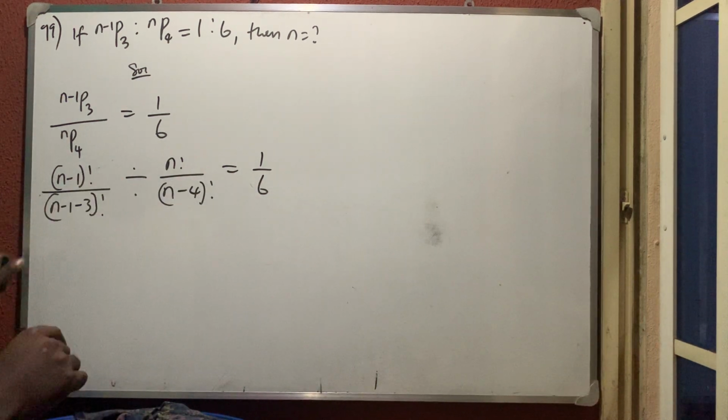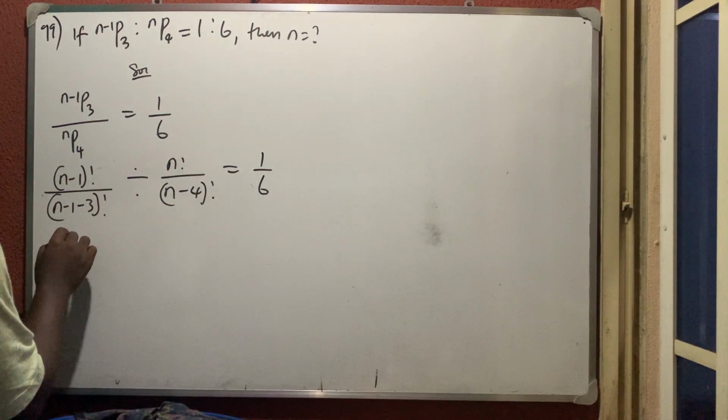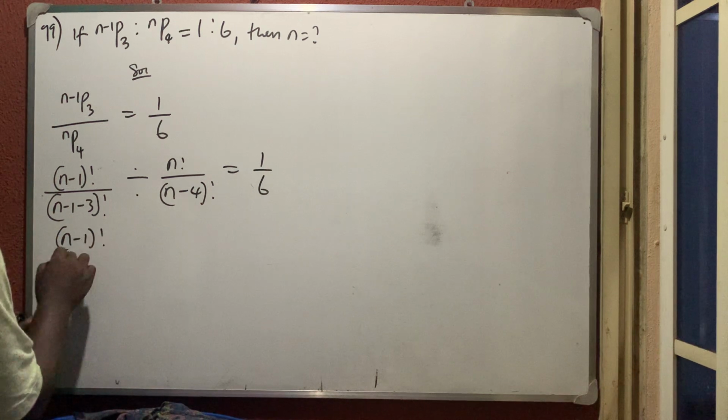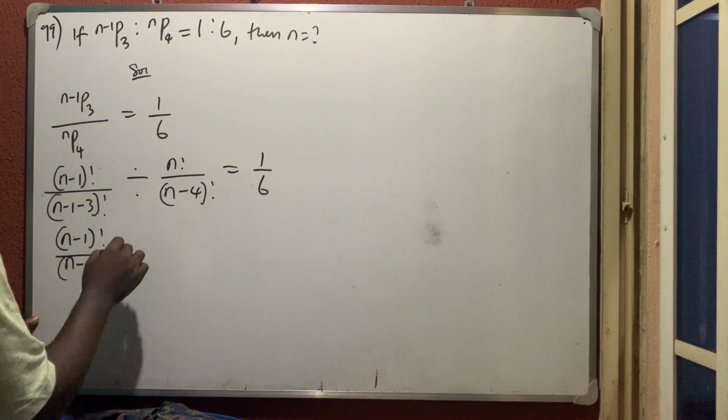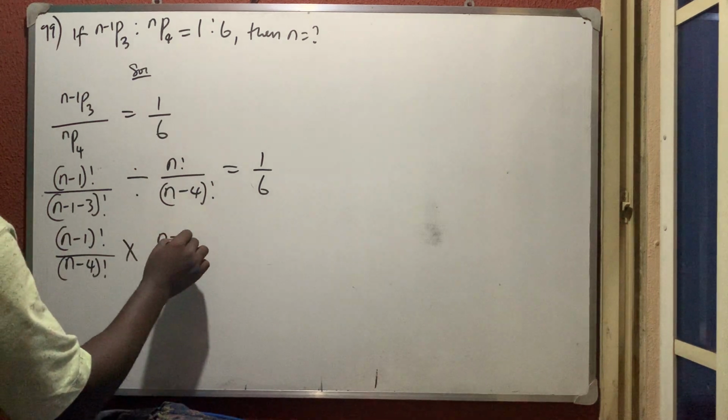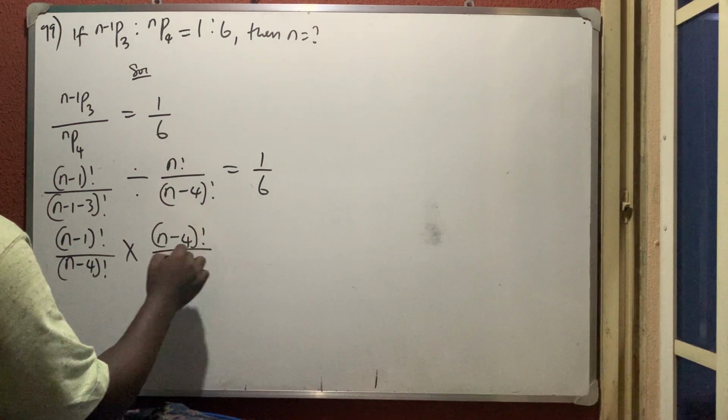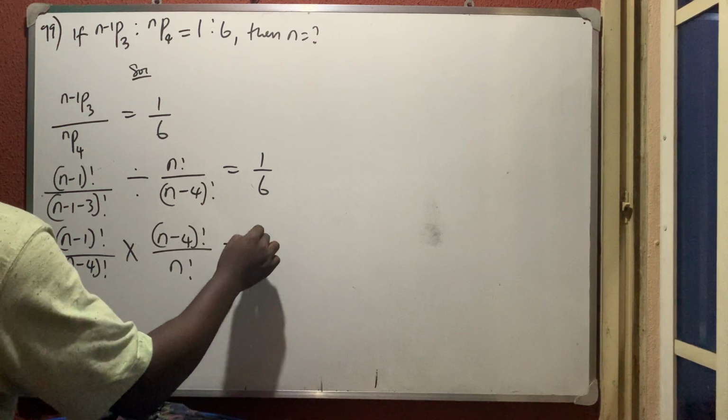Now change division to times. I'm going to have n minus 1 factorial all over n minus 4 factorial times n minus 4 factorial all over n factorial is equal to 1 over 6.